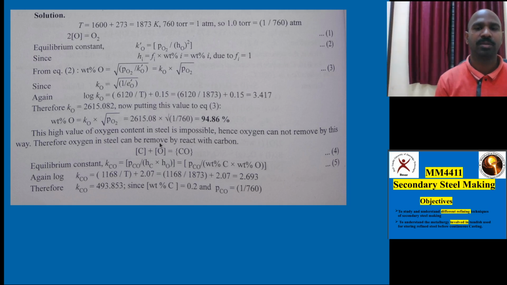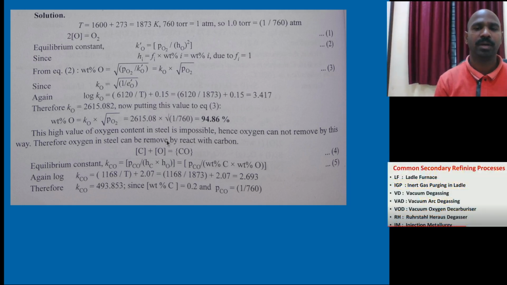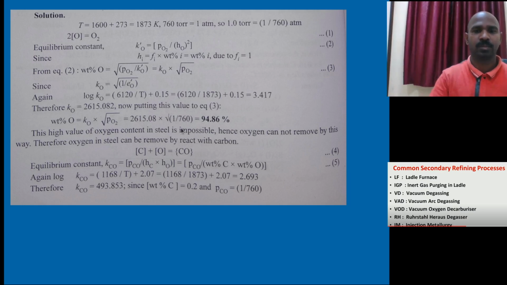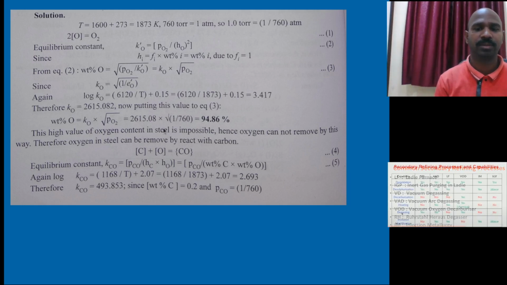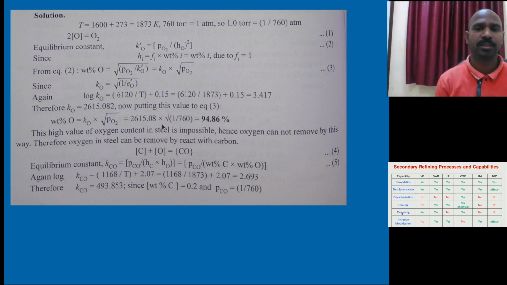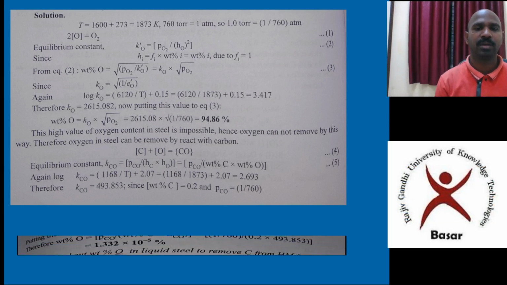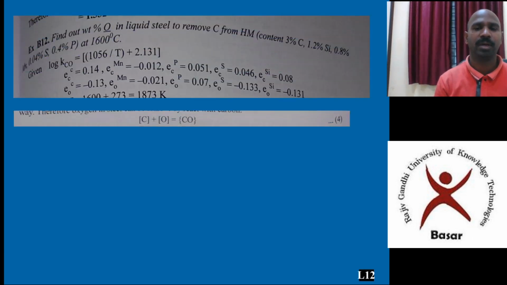And another piece of information is given: weight percentage of carbon equal to 0.2. And partial pressure is also given, equal to 1 by 60. It means you know weight percentage of carbon, you know PCO, you know KCO. Only weight percentage of oxygen you do not know. You substitute all these things, and you will get the weight percentage of oxygen.